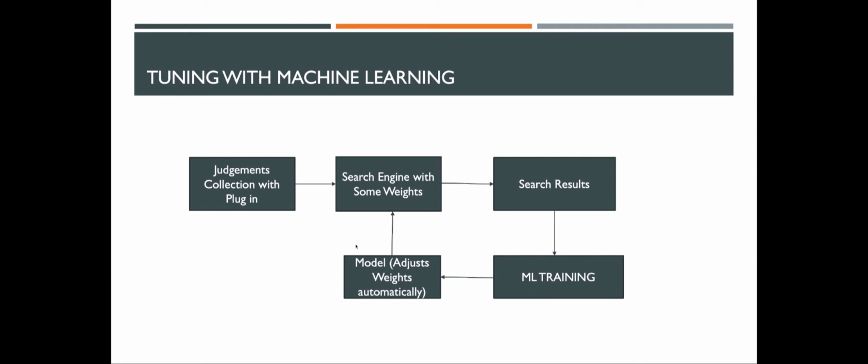With a machine learning approach, you can just retrain your model with the new judgments, with the new behavioral data that is coming from the real users, and your model automatically adjusts to the new behavior of users without requiring any manual intervention. You can automate the process so that every 6 months or every 1 year you can retrain your ML model with a new set of data. That's where the power of machine learning comes into the picture.